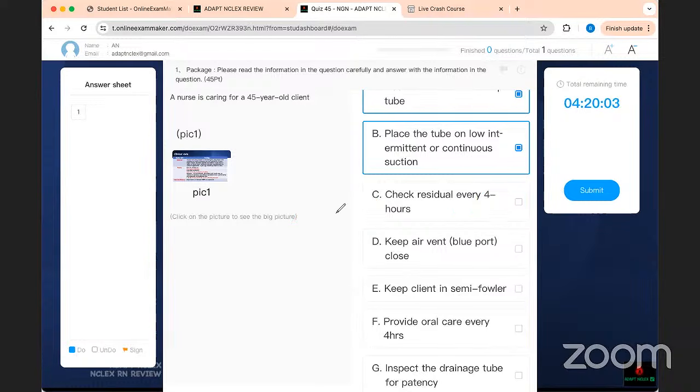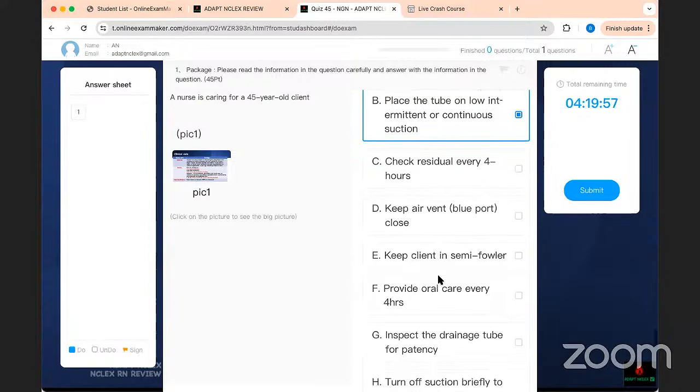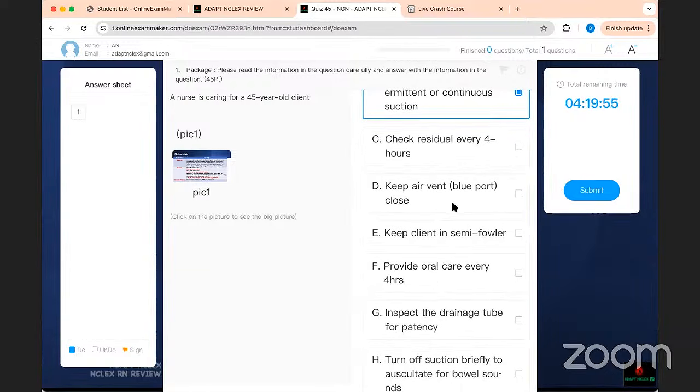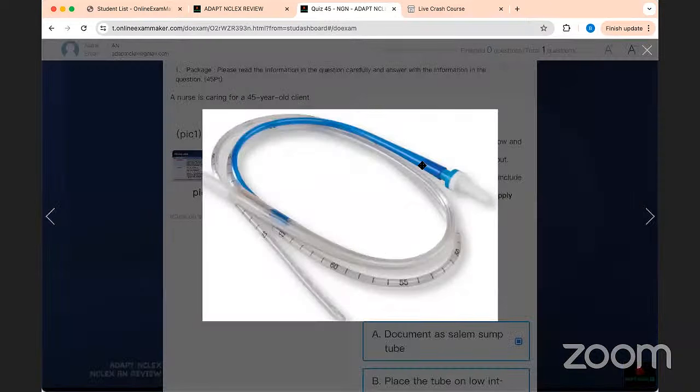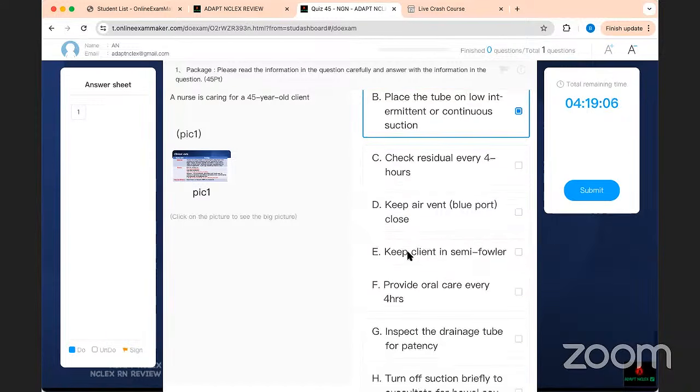It's designed for decompression, so no residue check. Keep the air vent, blue port, closed. What do you think? They want you to keep this port closed. It should be kept open.